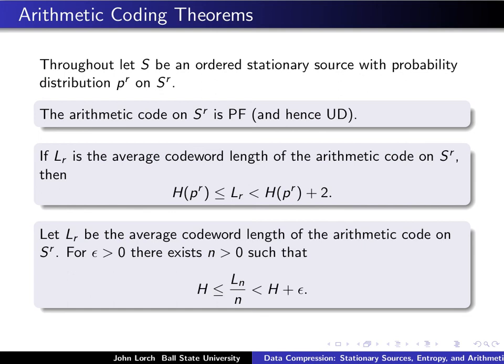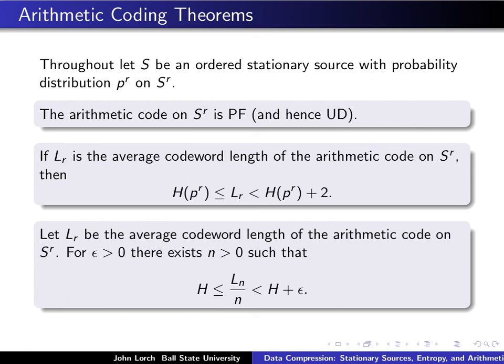Here we have a few theorems about arithmetic codes that we will discuss but not prove. I'm asking that you read the proofs in your book. Okay, so throughout here, S is going to be an ordered stationary source with probability distribution PR on strings of length R. The first fact is that arithmetic codes are always going to be prefix-free and therefore always will be uniquely decodable.